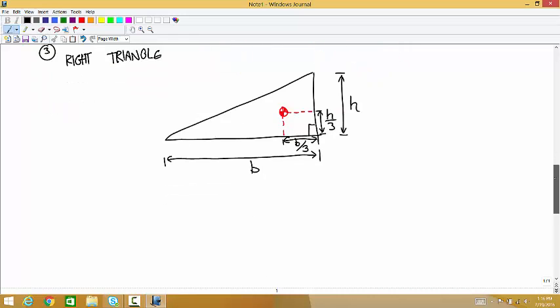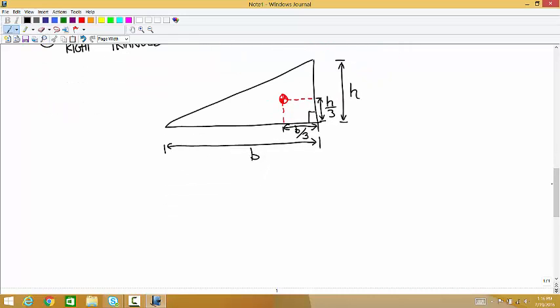Okay, so let me first do an example before we get into internal loads, and then I'll talk about how to extend that to internal loads.